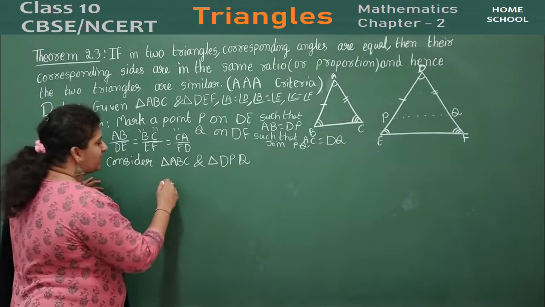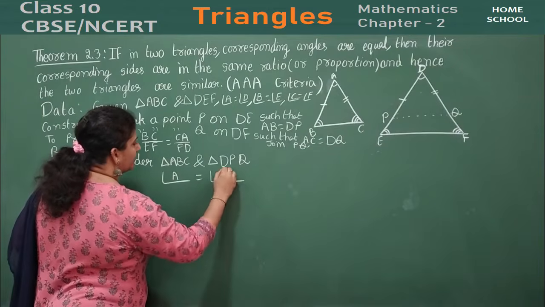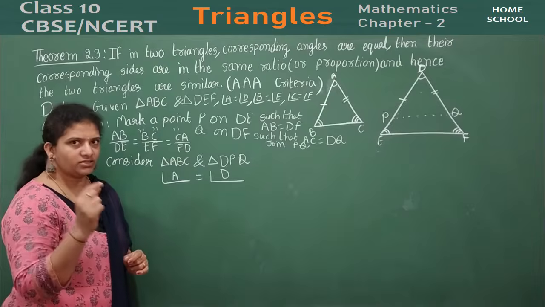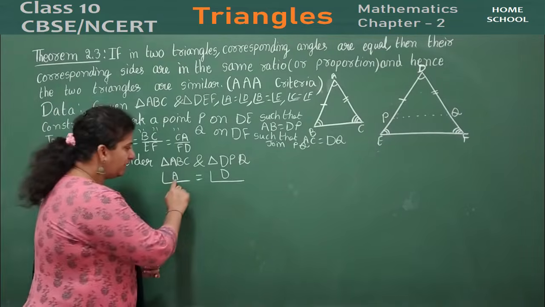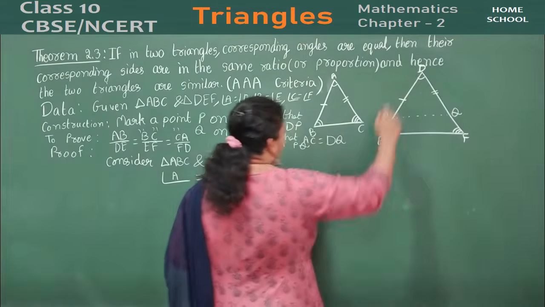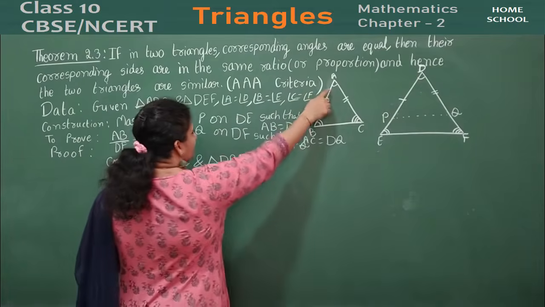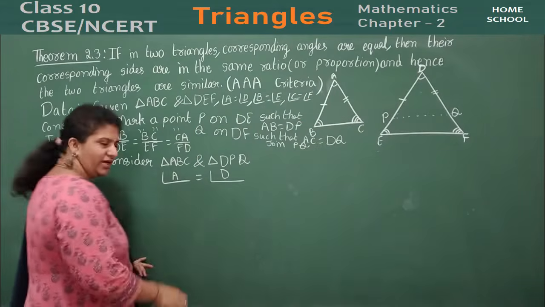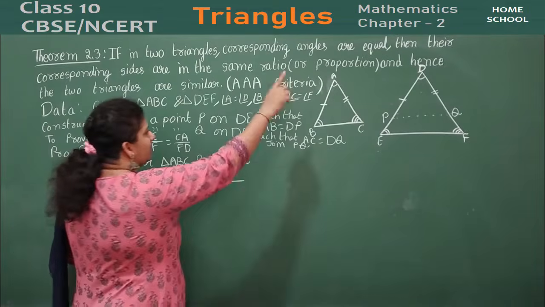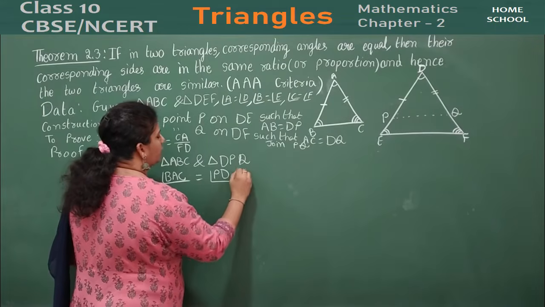And then I say here, angle A is equal to angle D. Why have I written the big angle here? The concept you need to observe is only the middle letter. Okay, angle A is equal to angle D. So first write this letter, then write the other two letters, right? Angle BAC, then this one will be angle PDQ.